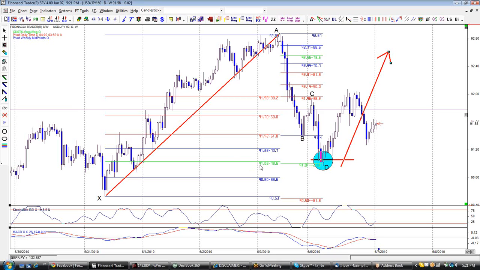So let's say if the convergence is 91.03 and we have about 3 pips spread, I would place an order at 91.06, maybe 91.08 for a buy.